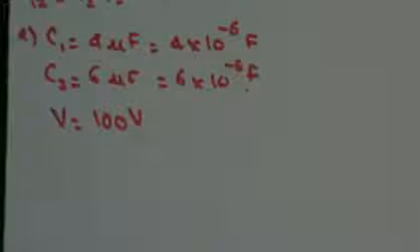Find the capacitance of the capacitor to be connected in combination in order that the common potential difference across them is reduced to 40 volts.